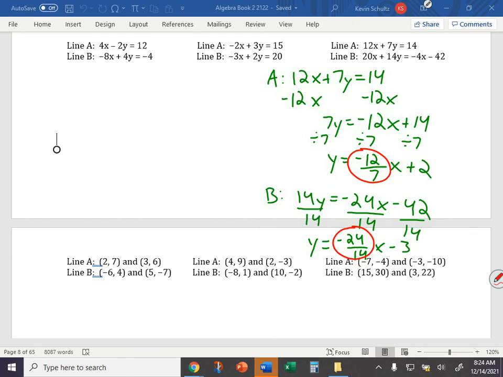But what does -24/14 simplify to be? -12/7. Therefore, they are parallel. Okay? Parallel. Make sure you are putting your slopes, your fractions in simplest form. All right? Also make sure you are showing the work.